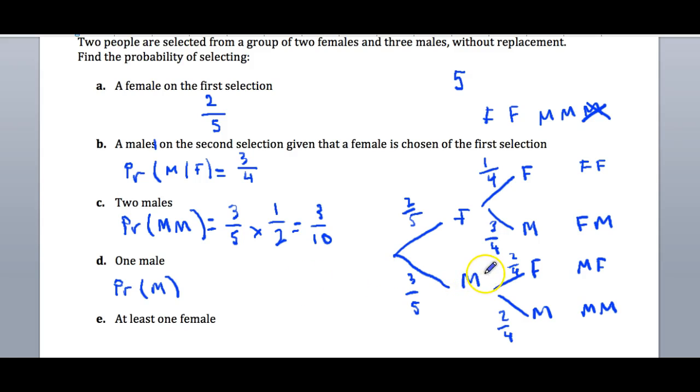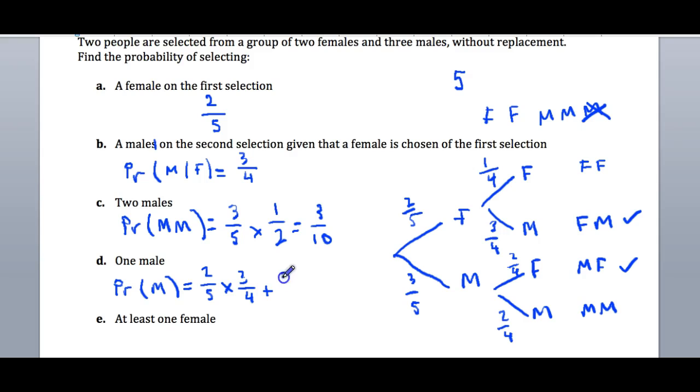The probability of 1 male. So we just want 1 male. So we can have FM or MF. Sorry, I keep checking the answers just to make sure I'm doing it right. So the probability of 1 male, we can have either FM or MF. So the probability of FM first, remember we go along the branches, 2/5 and then 3/4. And then we add the other possibility of MF.